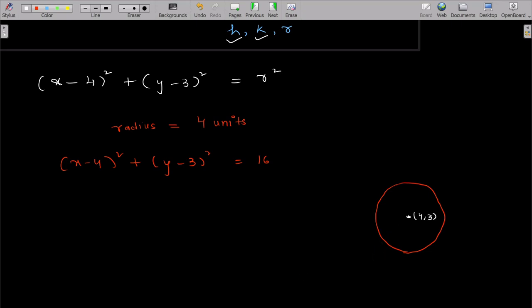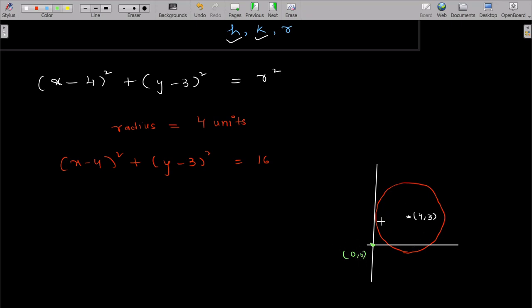So my x-axis would be somewhere here, and my y-axis would be somewhere here. This is the origin, Anika. 0 comma 0.